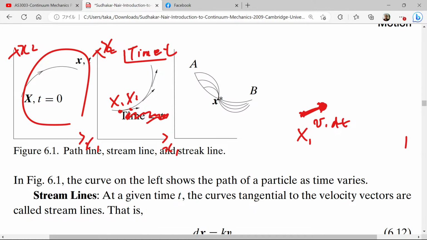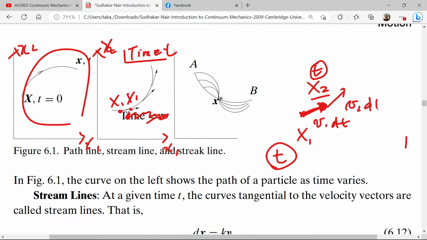And at this position, you have another particle, x2. But time is the same. Now we are considering time t. This is also time t, same time. Then for particle x2, you have another velocity v2.